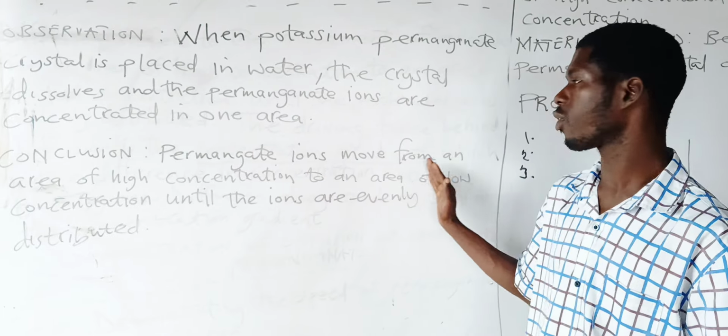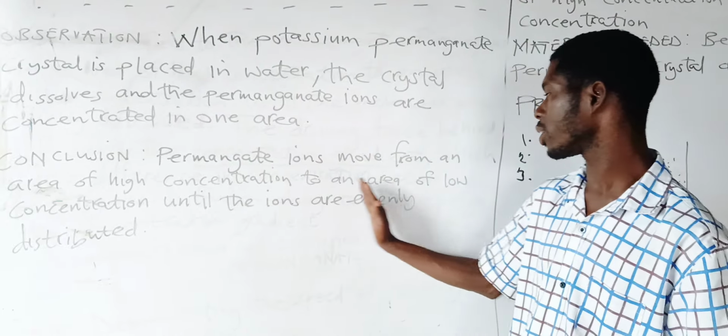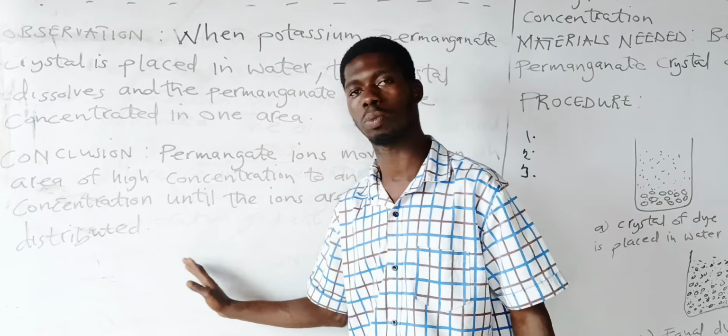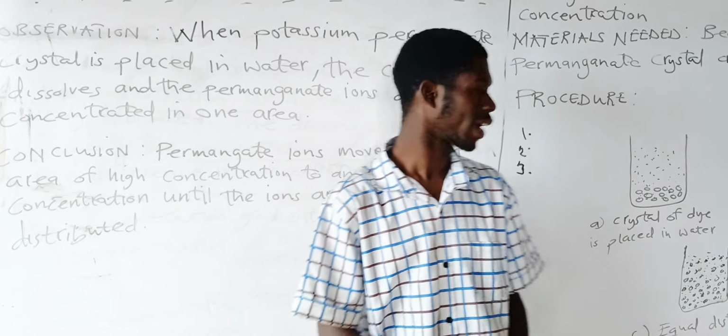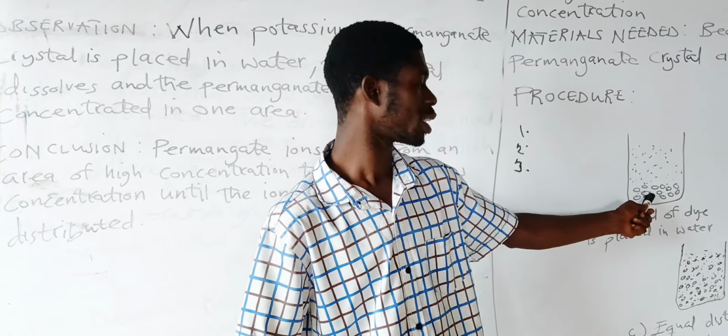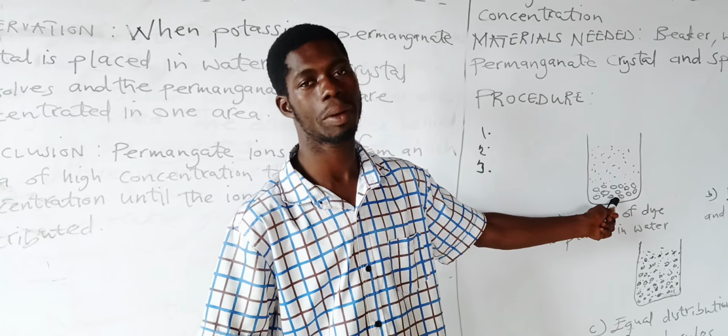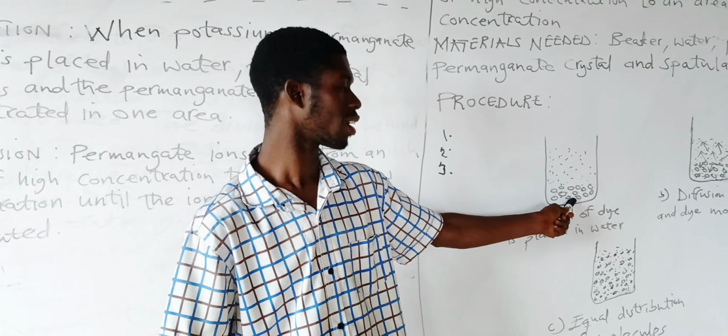Permanganate ions move from an area of higher concentration to an area of low concentration until the ions are evenly distributed. Yes. So you can see that this space is highly concentrated when you put the potassium permanganate crystal there.